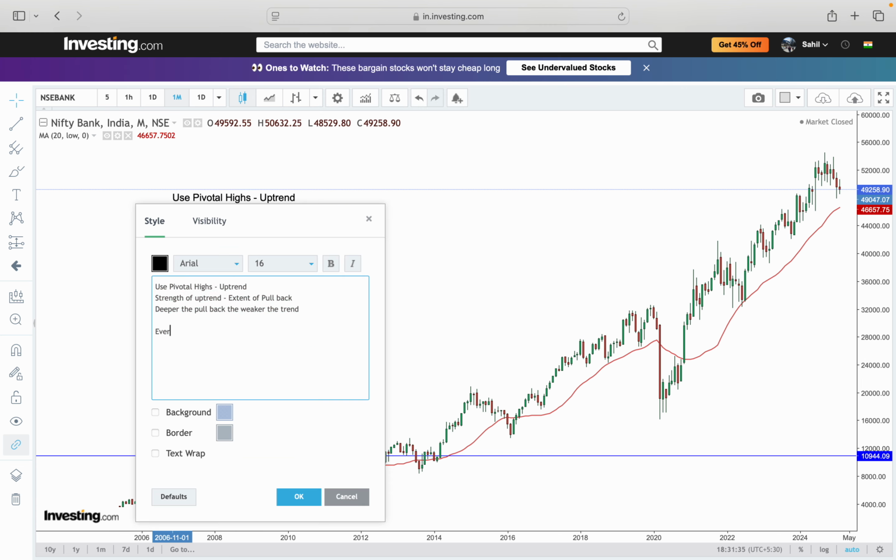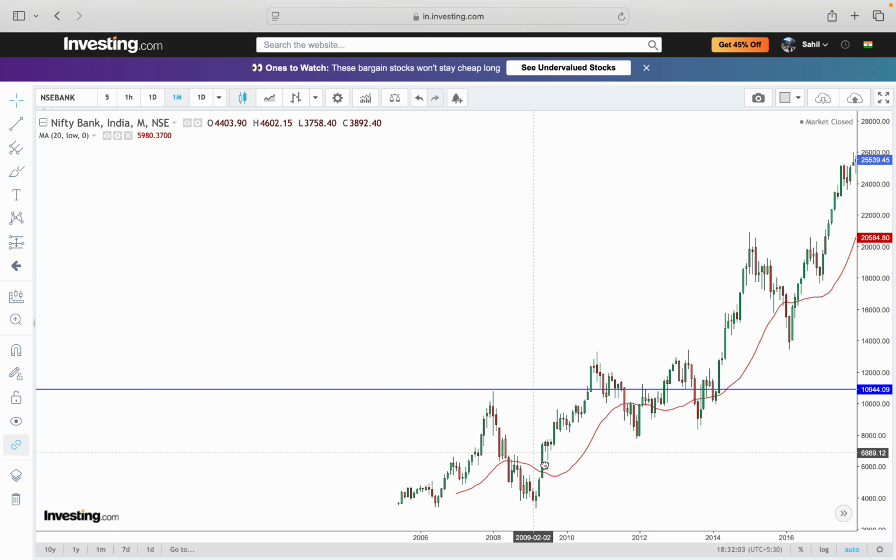Every time Bank Nifty creates a new life high, how long does it take, or does it stay below that high once it hits the red line? So this is basically what I am trying to determine here.